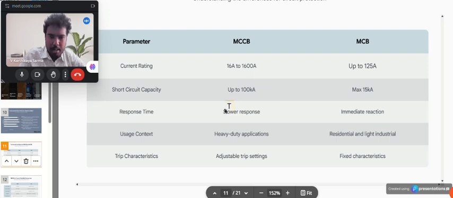MCCBs carry a very high short circuit capacity compared to the MCBs, but the response time for MCCBs is a bit slow compared to the MCBs, because we use a bimetallic strip and magnetic insulator here.